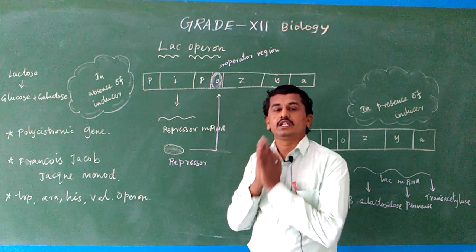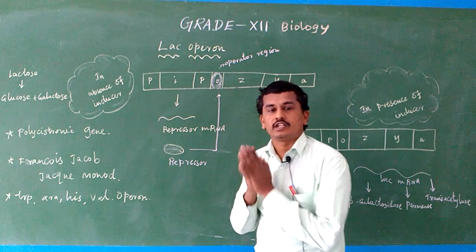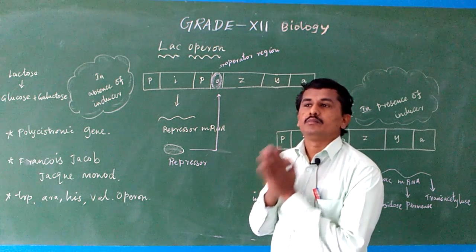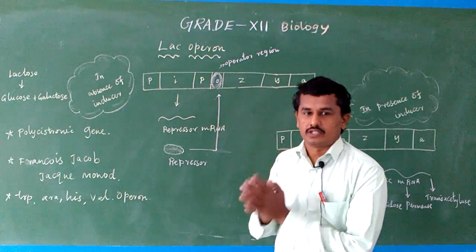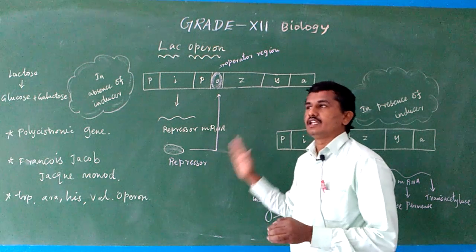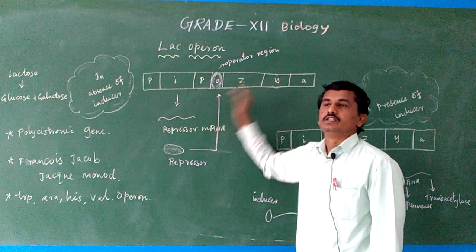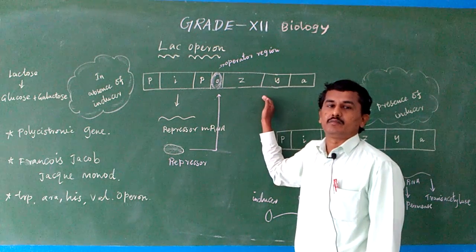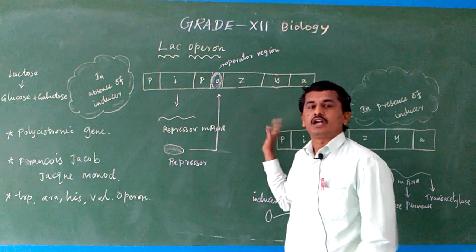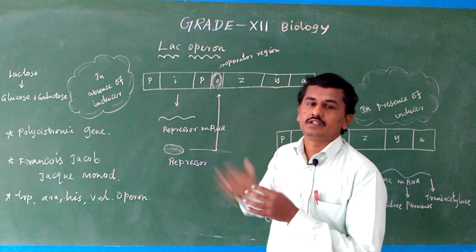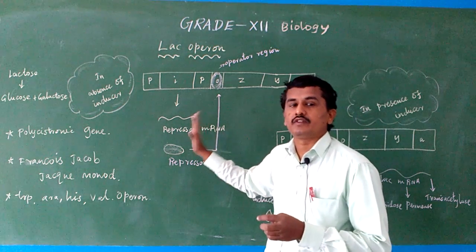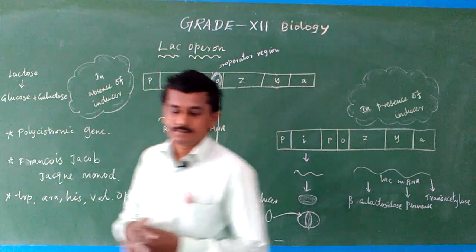For a particular gene to express a character, some external agents are important. Here the external agent is actually the inducer. In the absence of inducer, the gene does not express the mRNA, and the mRNA is also not expressed into protein. This is the first situation, in the absence of inducer. Okay.